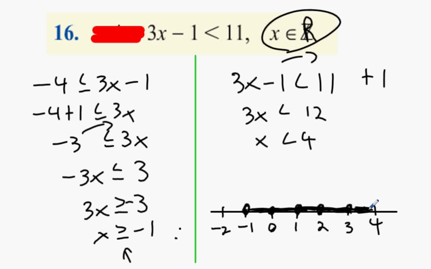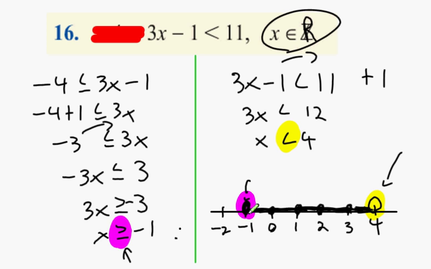No, is 4 included? No. So I'd say hollow dot. Is minus 1 included? Yes. So I'd say full dot. And that's where you see the full dot versus the hollow dot. Full dot when there's an equal sign in the greater than or equal, and a hollow dot when there's no equal sign.